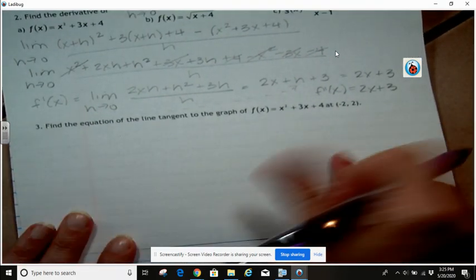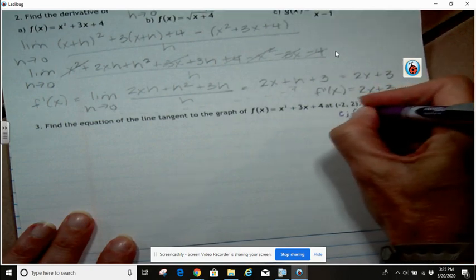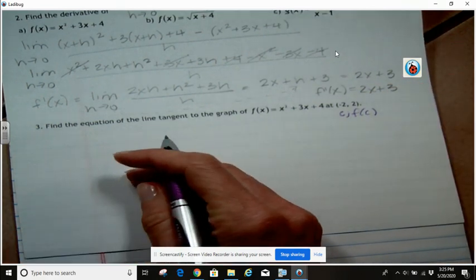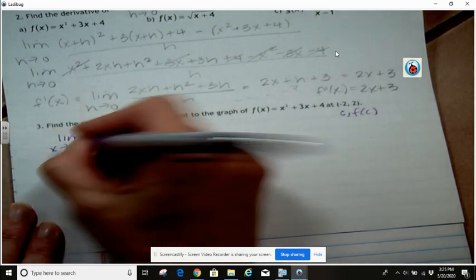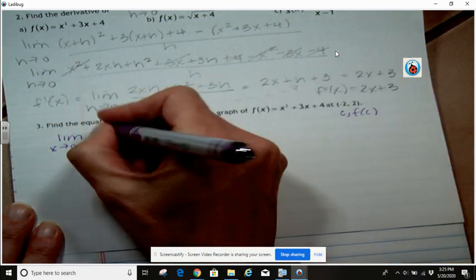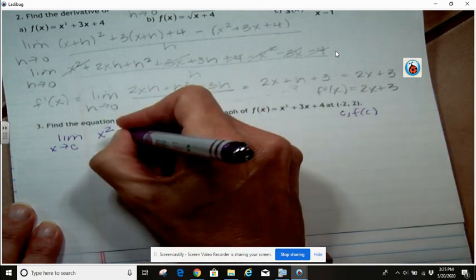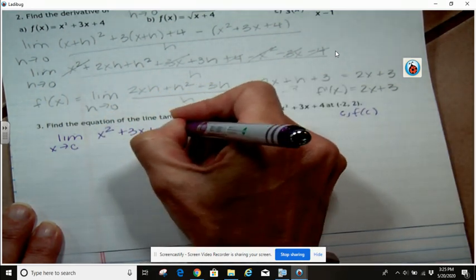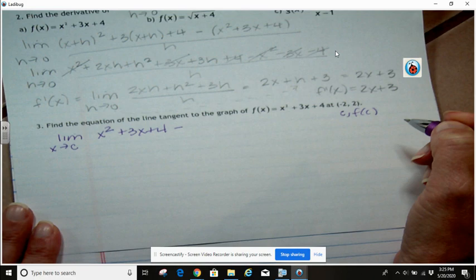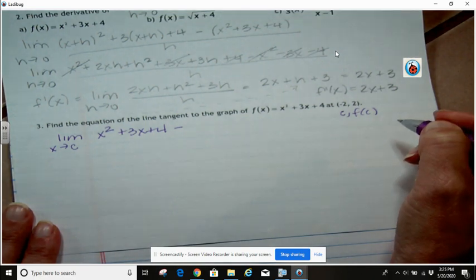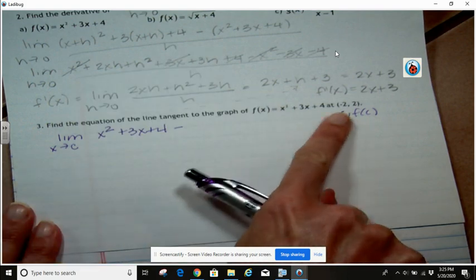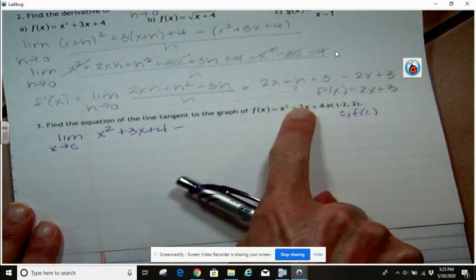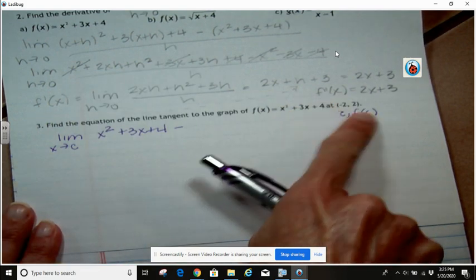Okay, so remember this is c comma f of c, and we are going to use that formula. The limit as x approaches c of f of x, so that's what you're given, x squared plus 3x minus 4, minus f of c. We don't need to, like in the very first problem, plug the negative 2 into the function to get the 2, since they gave us the whole ordered pair here.